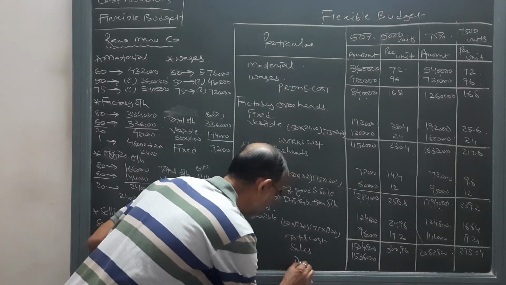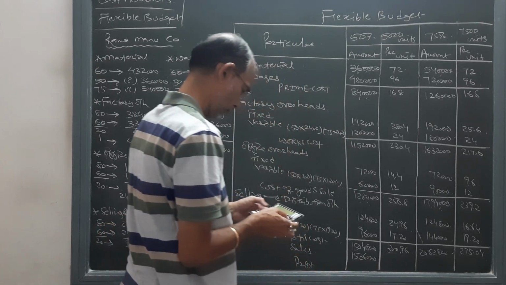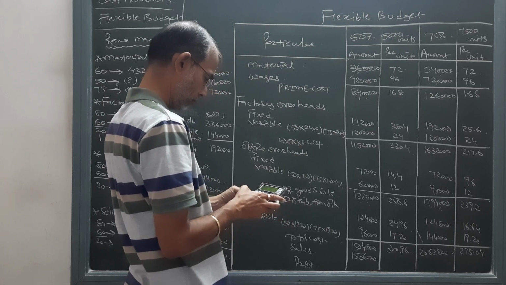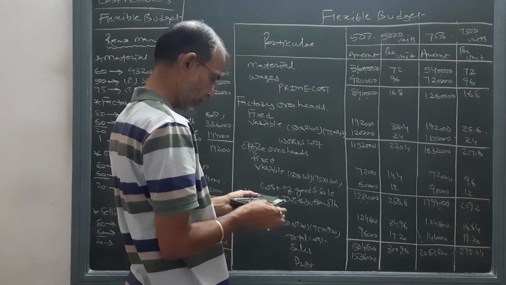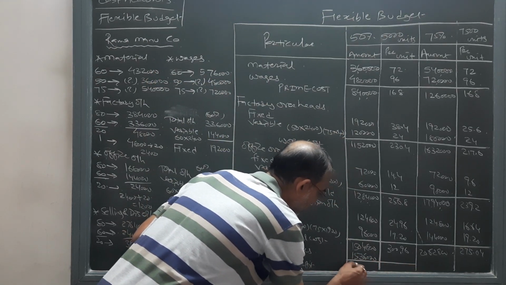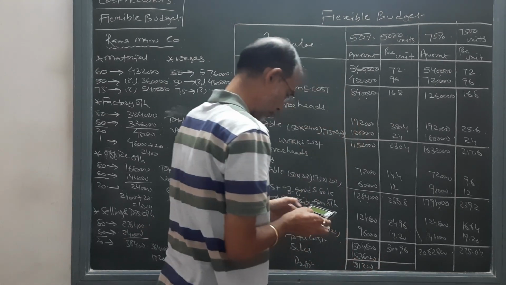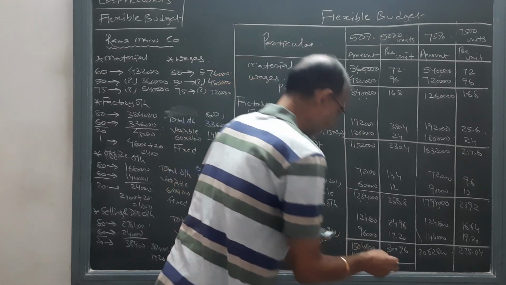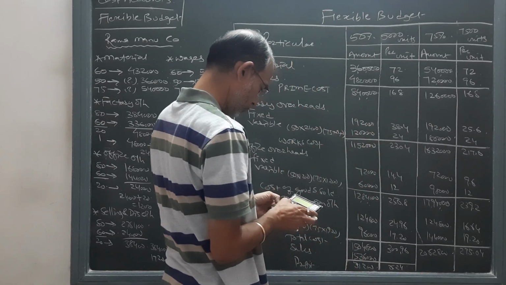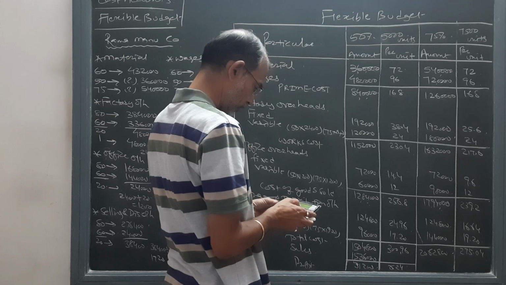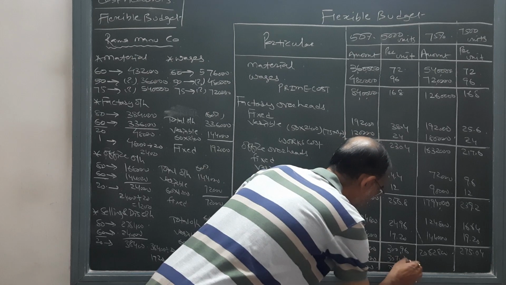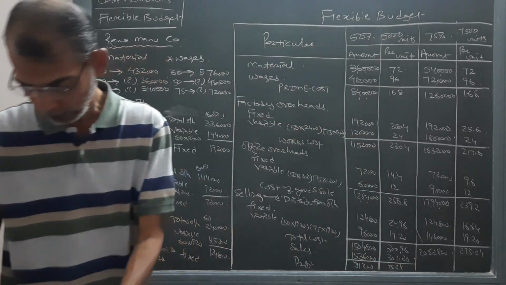So profit will be 31,200 divided by 5,000, 6.24, and selling price per unit is 307.20.